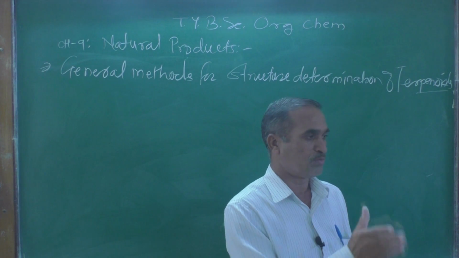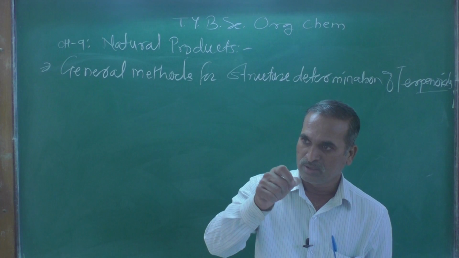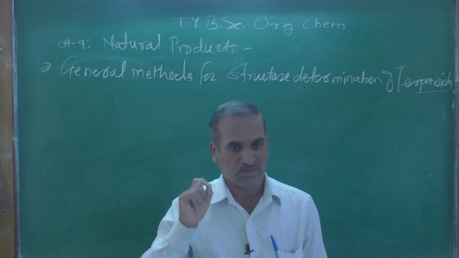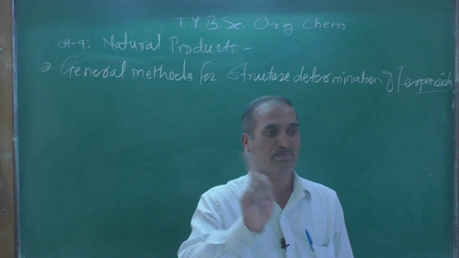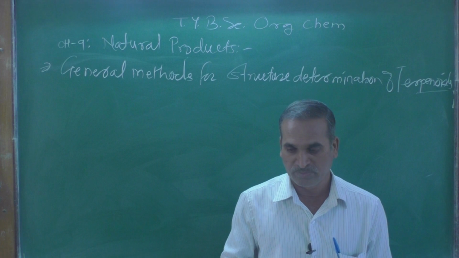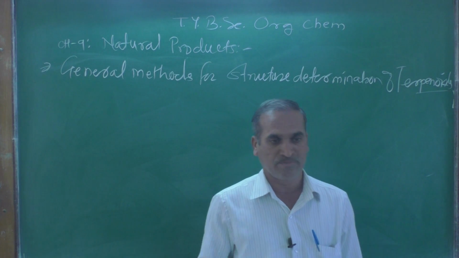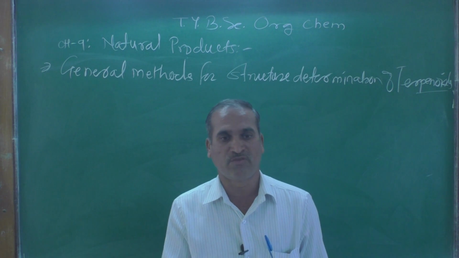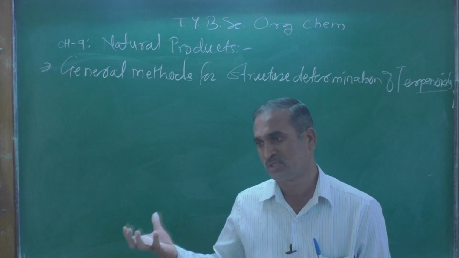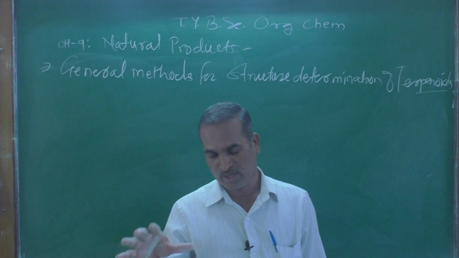Another way is this: if you know a certain set of properties, then you can predict the structure of that organic compound also. Both are alternative ways of arriving at the structure of an organic compound.